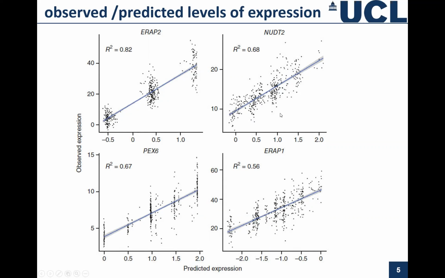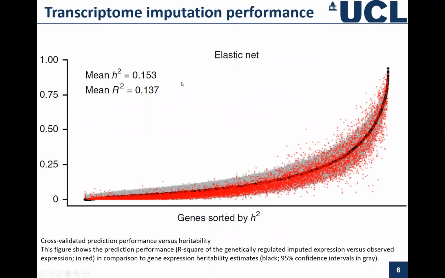But then if you look genome-wide at all genes, you might see a different picture. We see here on the y-axis again the R-square correlation scores between imputed expression and observed expression. Every gene is represented by such a red spot here. We start with rather high correlation scores, almost close to 1, and this goes down to almost 0.